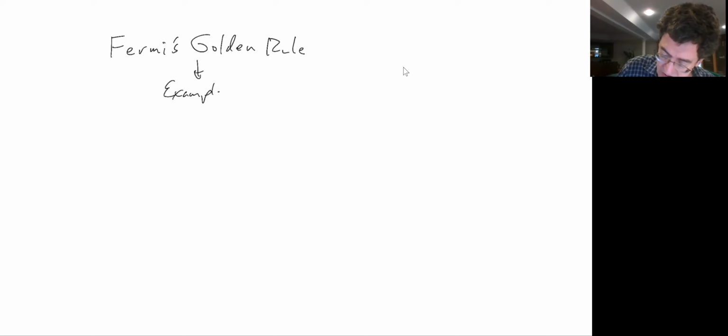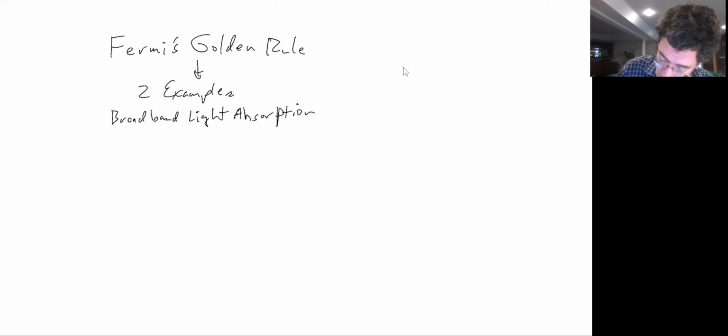And then this will lead into the next topic, which is actually two examples, one of which is broadband light absorption. And then this will lead into a discussion of optical selection rules. Okay, that is the plan. So this is all pretty important topics.